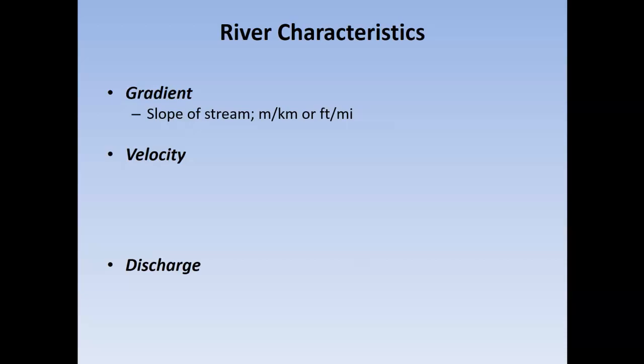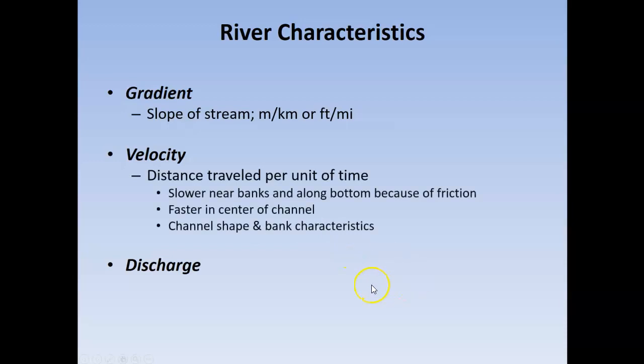Or we might have a gradient of 500 feet, which would mean that over that same mile, my stream is changing in elevation 500 feet. Now that has something to do with, of course, the velocity, how fast the water is moving in the stream. It's just a distance per time, and that velocity can be given in a couple of different ways.